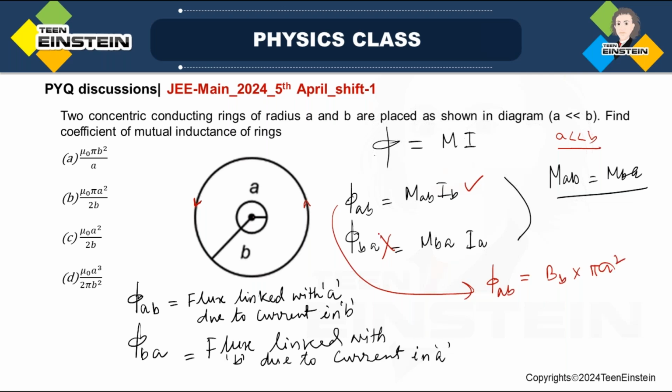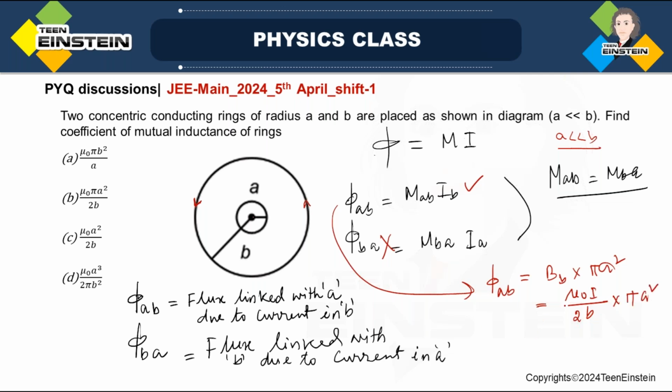The magnetic field at the center of a ring is mu naught I by 2 into the radius. So in this case the radius is B, right? 2b. And this is pi a square.